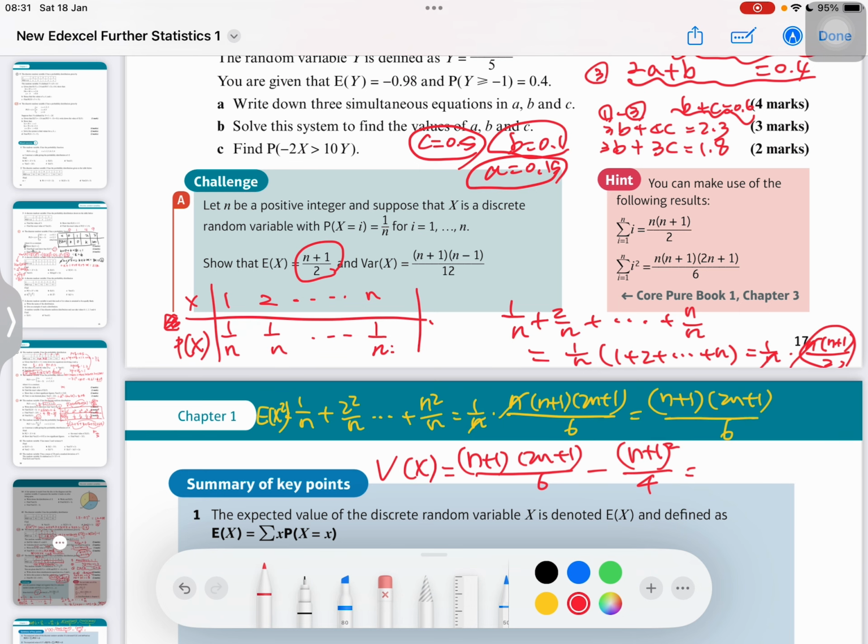So let's make the denominator 12, and n plus 1 is common. Now we have 2n plus 1 minus 3 and plus 1. So 4n plus 2 minus 3 and minus 3, so n minus 1. So 12 on the denominator, numerator n plus 1 and n minus 1. That's it.